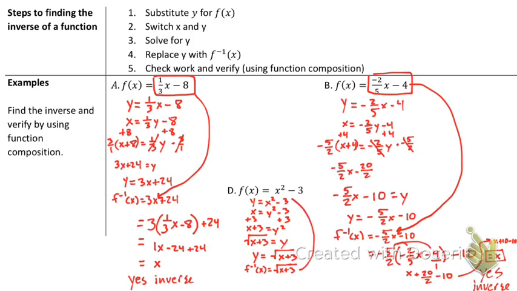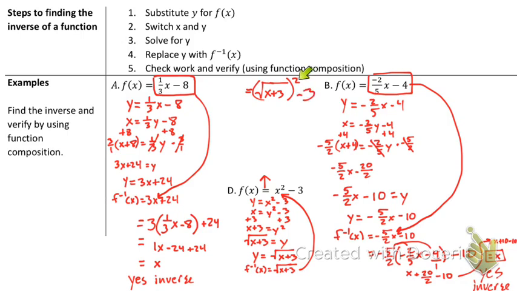So this is now going to get plugged into x. All right, I'm going to do the work above. So we have equal to, instead of x, square root of x plus 3, to the power of 2, minus 3.